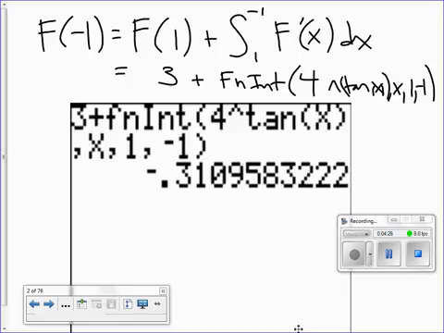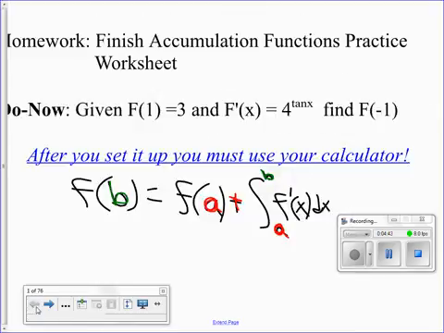You got it now? It's not just 4 tan x, it's 4 raised to the tan x. Make sure that's right. Yep. Okay, it's always going to be, can you go back a screen? Nice. All right, so the lower limit is always the x-coordinate of the given point. All right, with a plus here. Now, if you want to switch them and then make it a minus, that's fine.